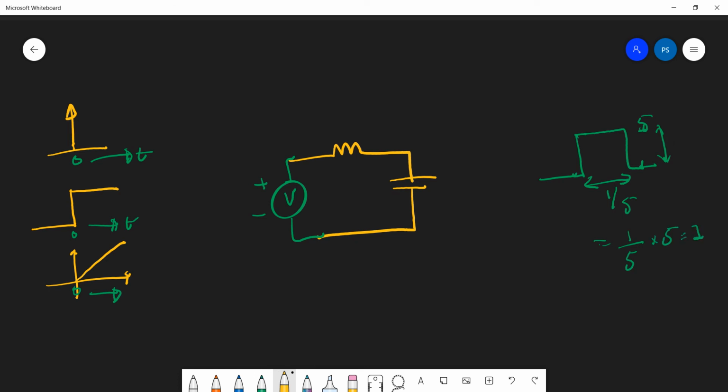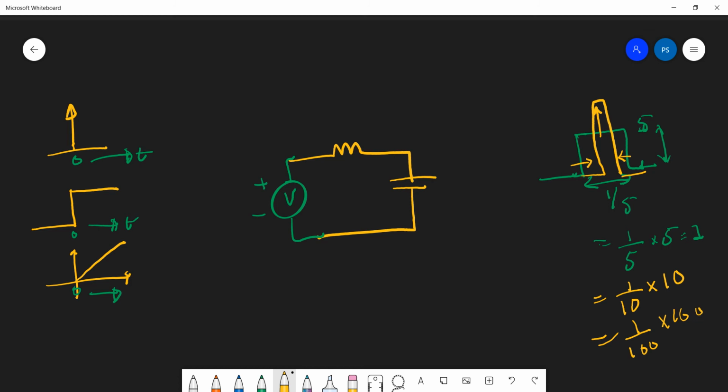Now just imagine what would happen if I go on increasing the height and proportionately go on decreasing the width. In this example, if I make this 1 by 10 and I make the height 10, how will this diagram look like? It will look something like this, correct? Now what happens if I go on continuing doing that, let's say 1 by 100 into 100?